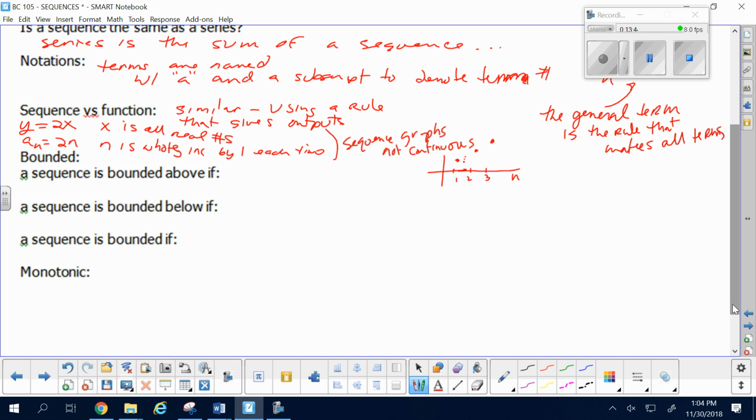A sequence is bounded above if there is some number that all terms are less than.